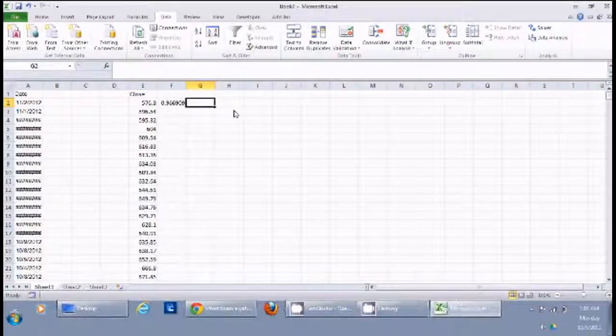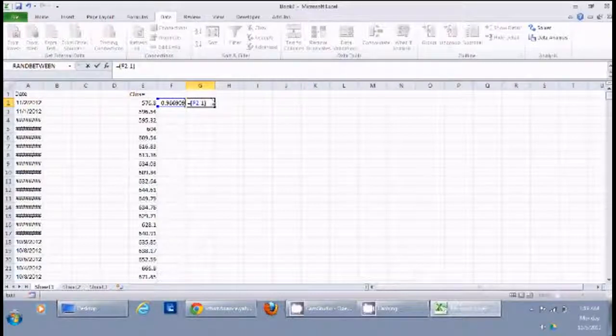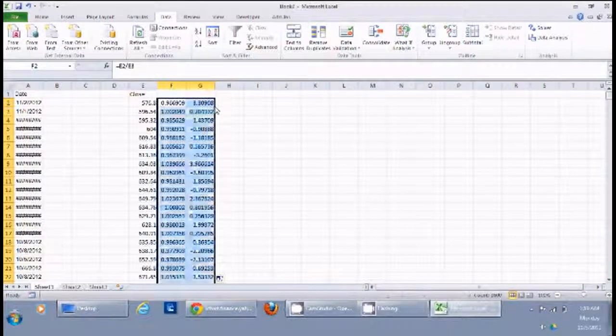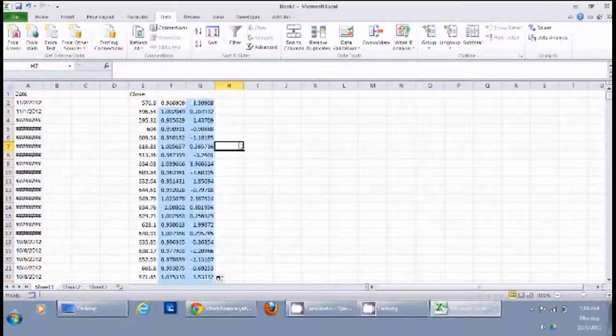I can calculate the percentage by subtracting 1 from this number and then multiplying by 100. That suggests there was a 3.3% decrease in the price of Apple on November 2nd. And I can do the same thing for all the historical prices by double clicking here, and it copied, and you can see that the price change was different on all these different dates.